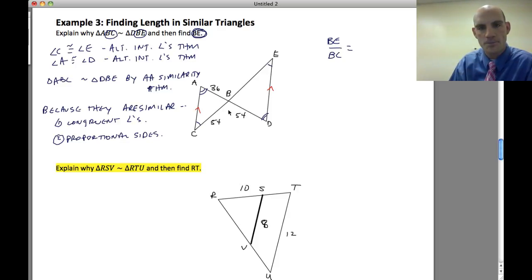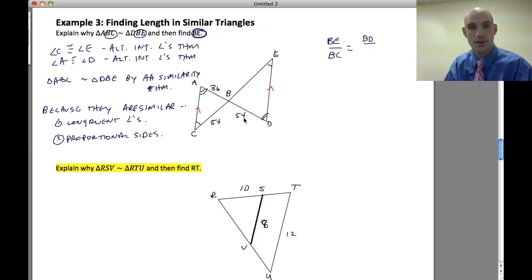So BE is here. I'm going to say this is BD because that's what I have from this big triangle, and I'm going to compare that to the middle two, BA. See how I set that up? I set it up because this is what I had, and I have this over here. I want BE. I don't know it, so I'm going to call it X.